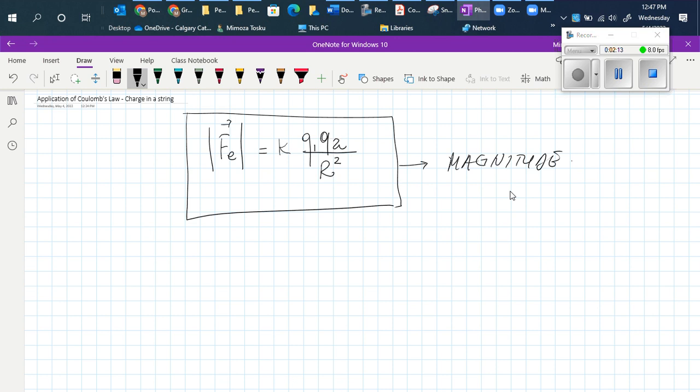This is why a neutral object is always attracted by a charged object, no matter what the nature of the charged object is.